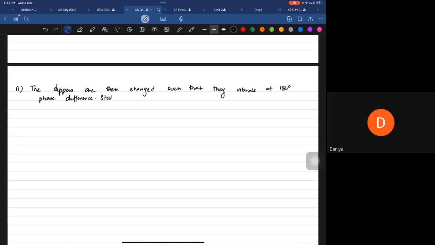State the change at A and B, if any. Alright, so they want us to answer that.